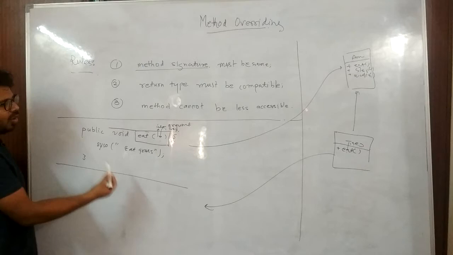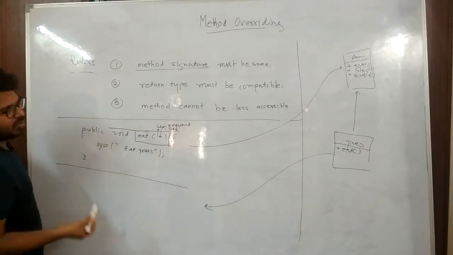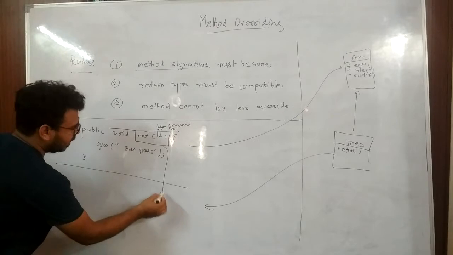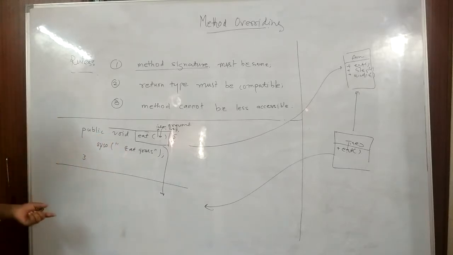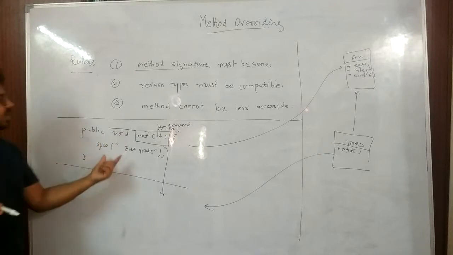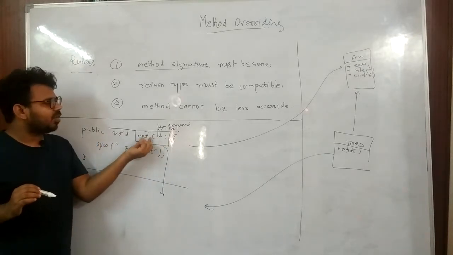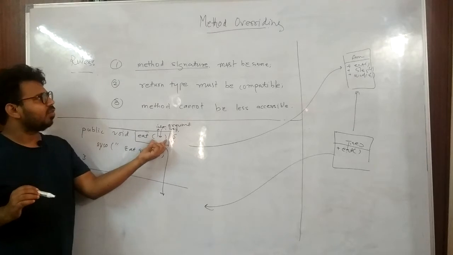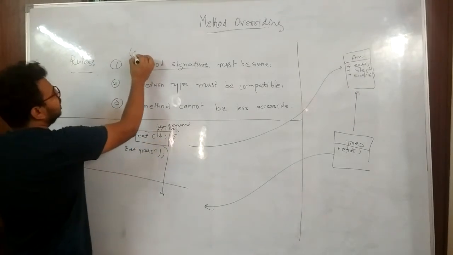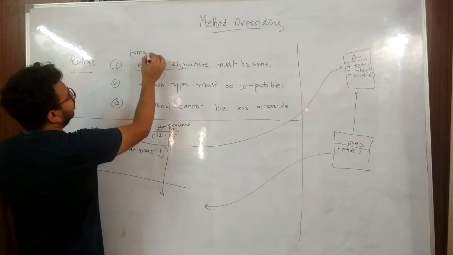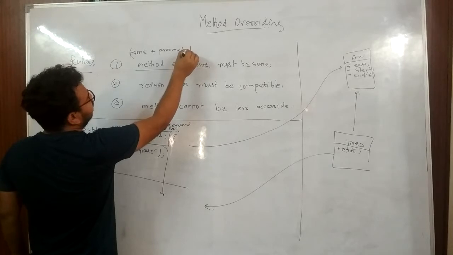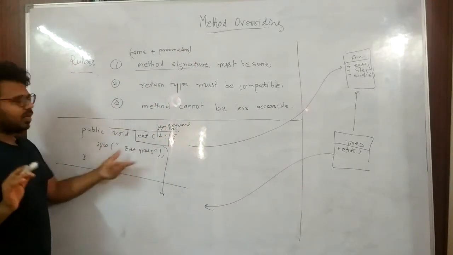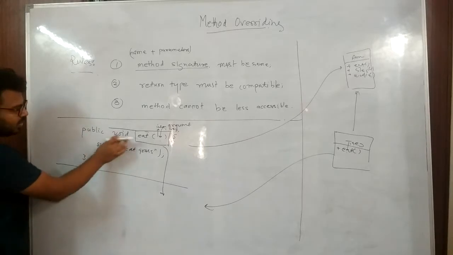Each overridden method should have exactly the same method signature. The return type is not included in the method signature. Just keep in mind that the method signature is only the name of the method plus its parameters.